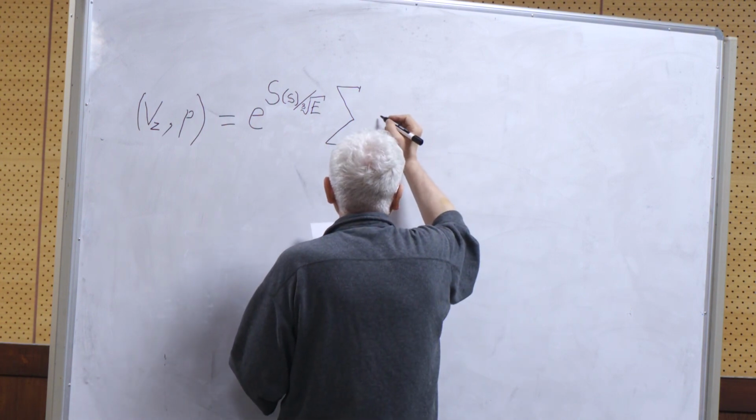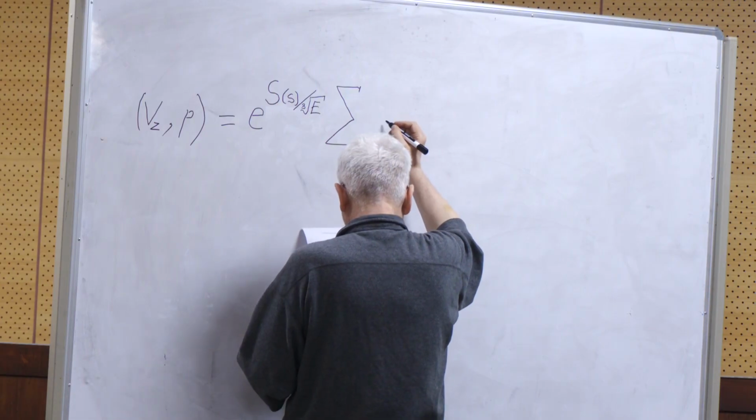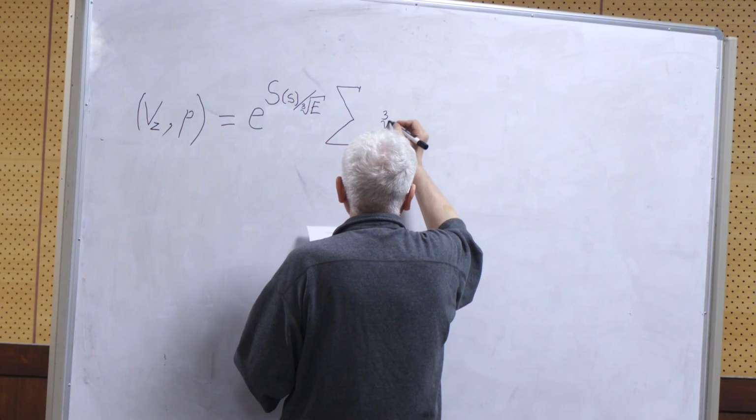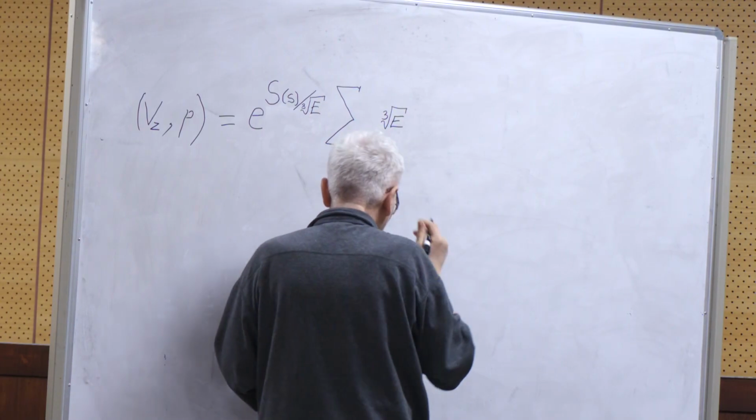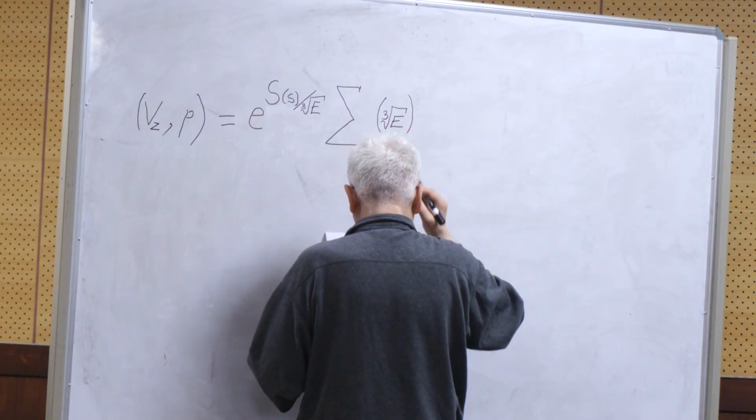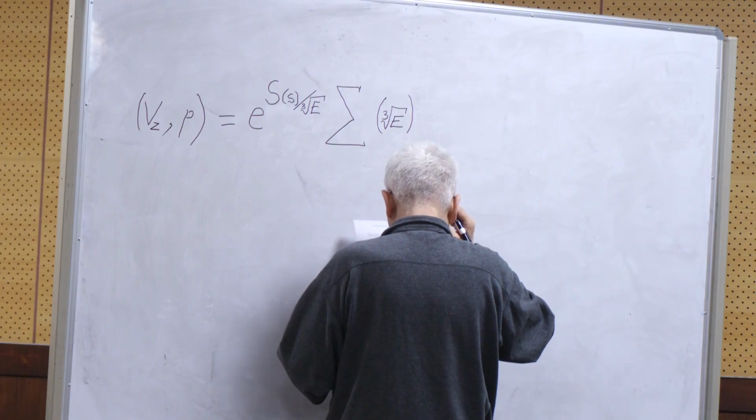We just take the square root of the Ekman number, multiplied by n.